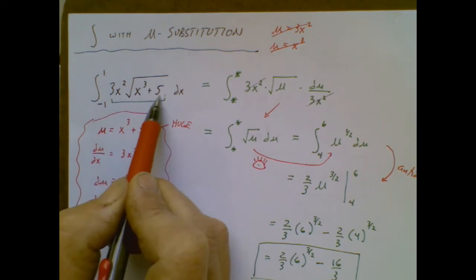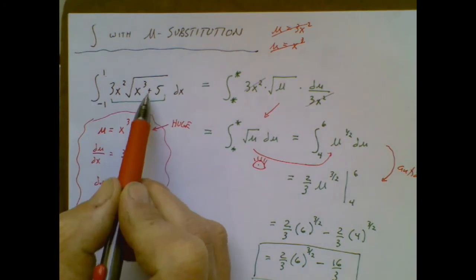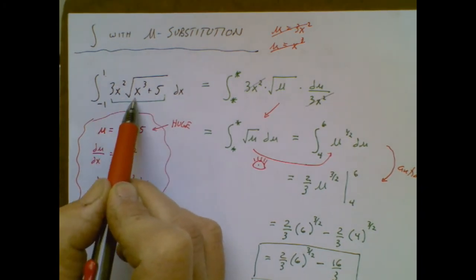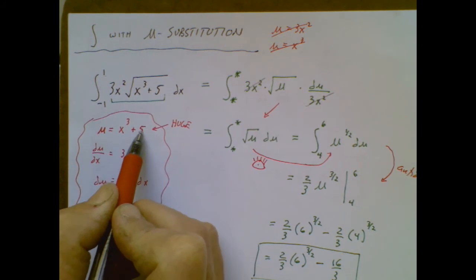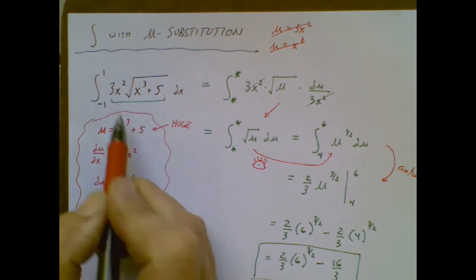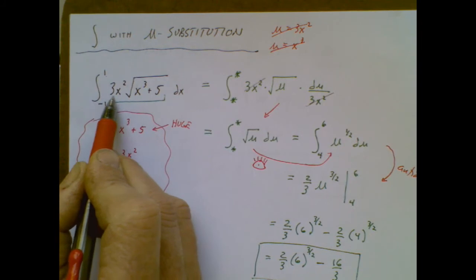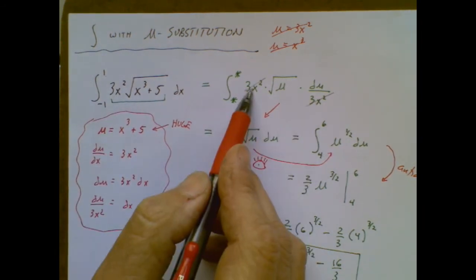What u can I pick from in here that has a derivative that's likely to cancel out something else from the integrand? When I chose x to the 3rd plus 5, I was looking ahead knowing its derivative was 3x squared, and I thought the 3x squared would eventually cancel out this 3x squared, which it did.